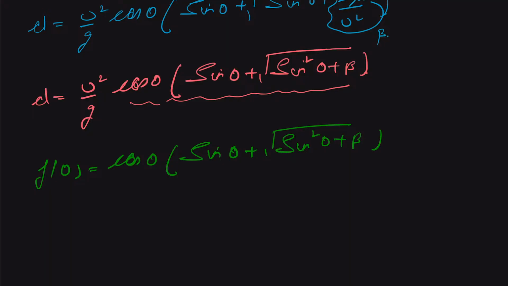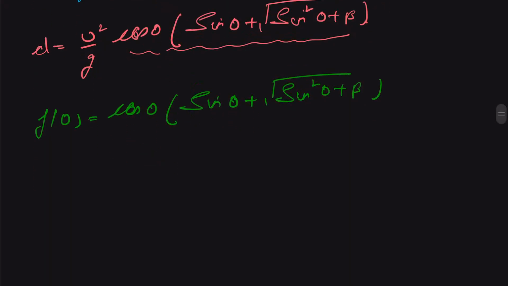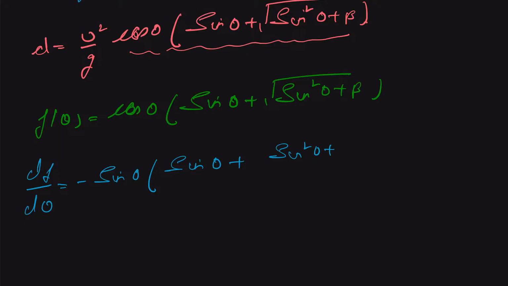And now we are going to differentiate it, so we get df/dθ. Cos gives us minus sine θ, and the other function stays as it is, so this comes as sine θ plus the square root of sine square θ plus β.